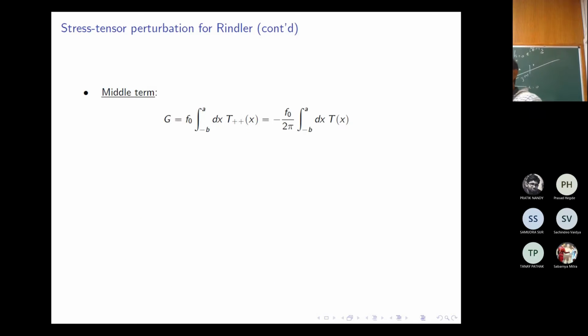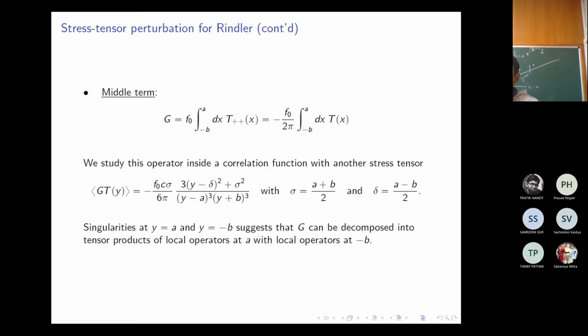And the middle term is basically what's non-trivial. So this G should indeed be written as GA tensor GA bar. These are some of the steps that I will skip right now, if I may. What we have done here basically is to write this G that we have here.